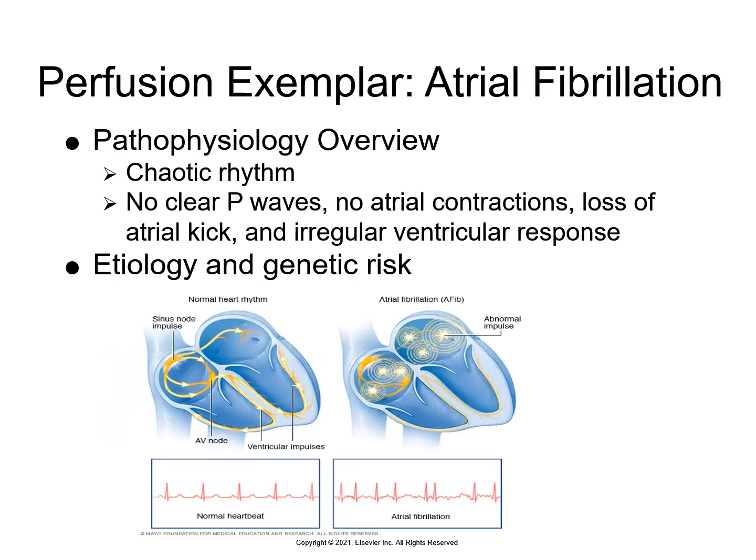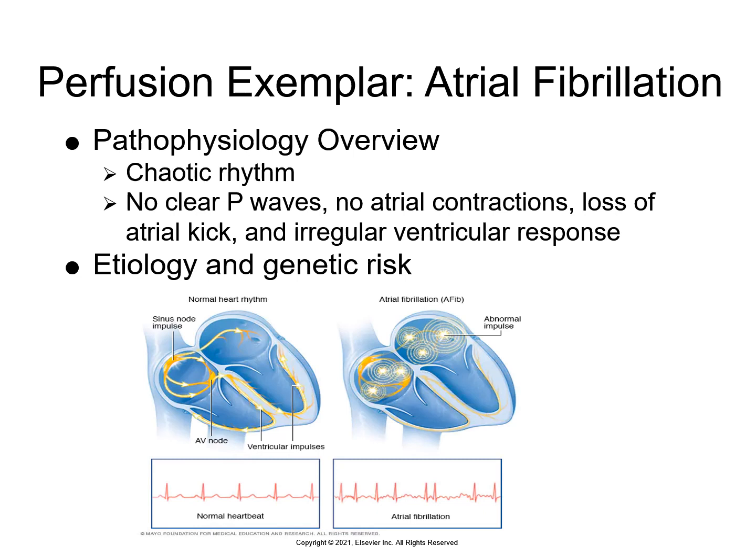So let's talk about a perfusion problem. The exemplar we're using here is atrial fibrillation. This is a perfusion problem. The pathophysiology is that this is a very chaotic rhythm that has no clear P waves.